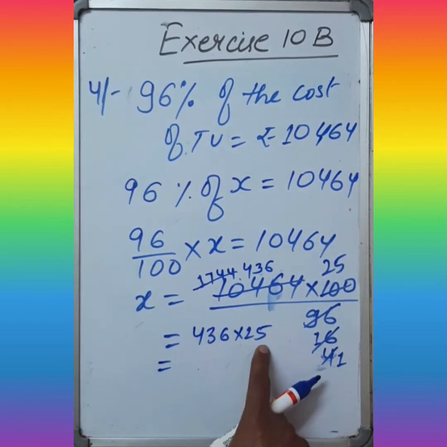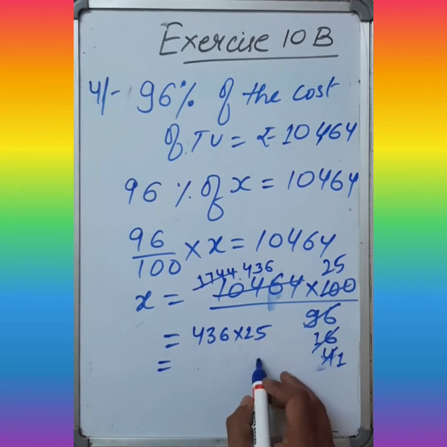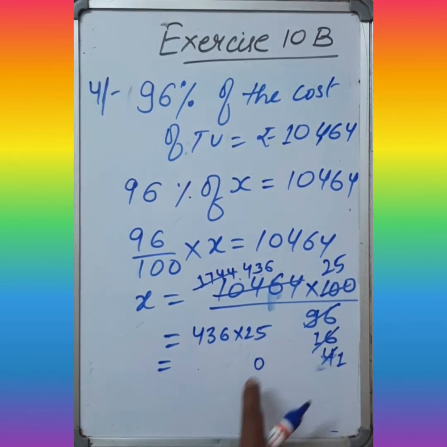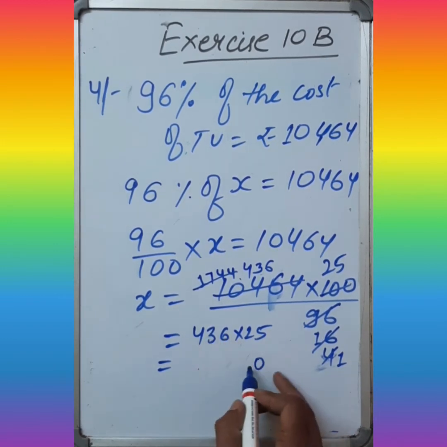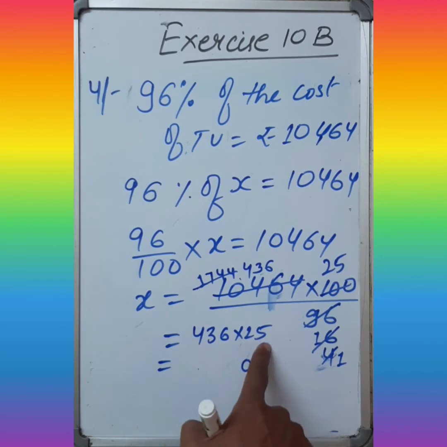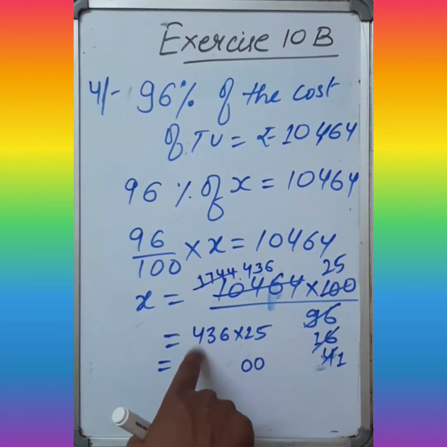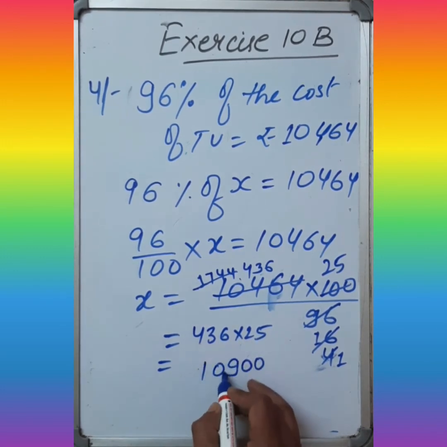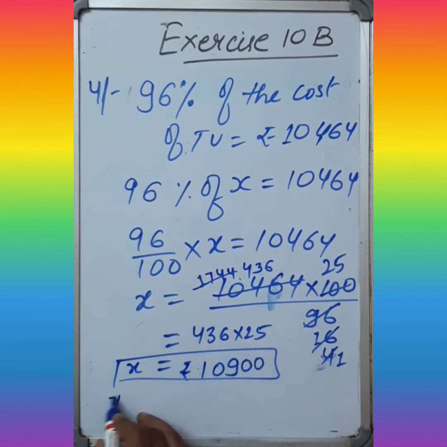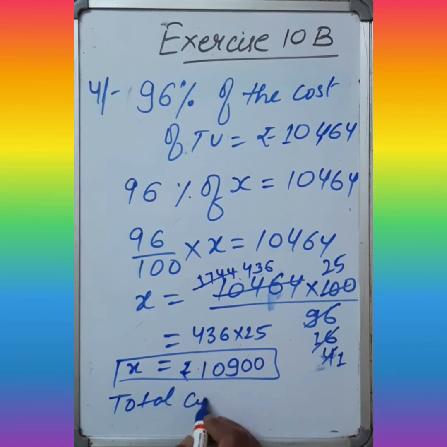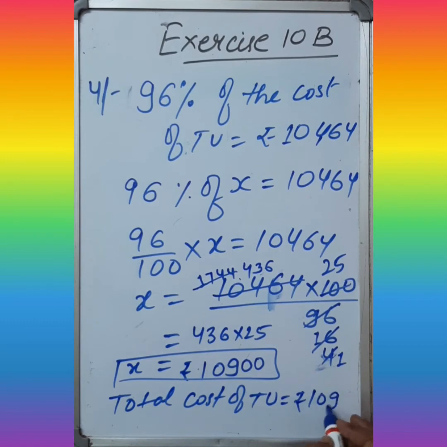Now multiply them. 25 6s are 150, 0 carry 15, 25 3s are 75 and 15 is 90, 0 carry 9, 25 4s are 100 and 9 is 109. So this is the 100% value, or the total cost of the TV, equals rupees 10900. So this is the 100% value of the given item.